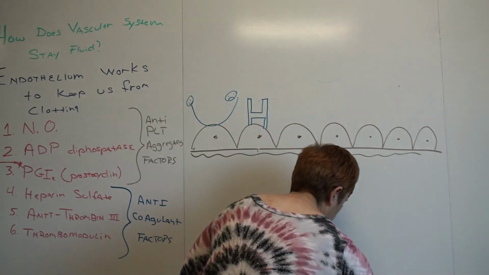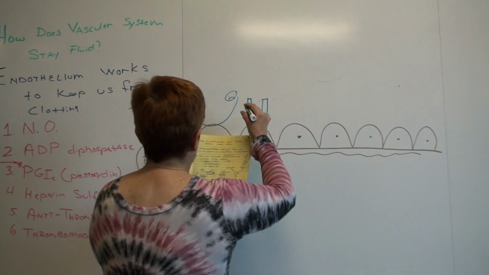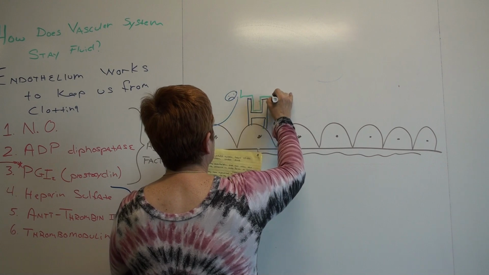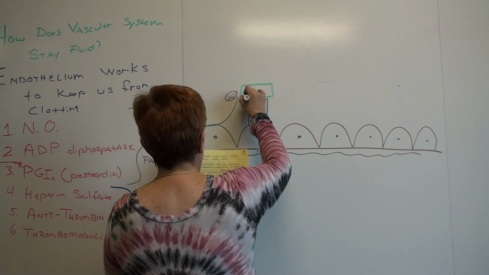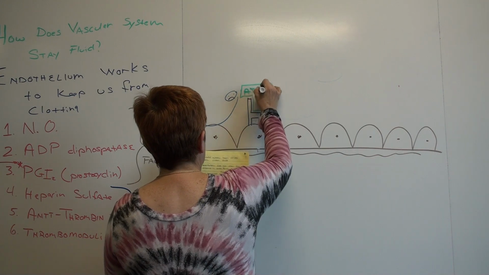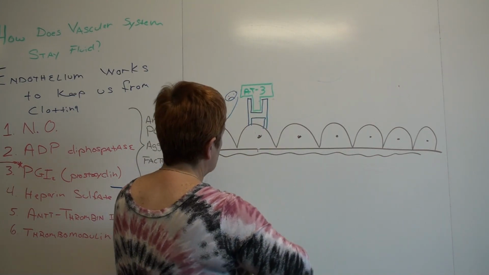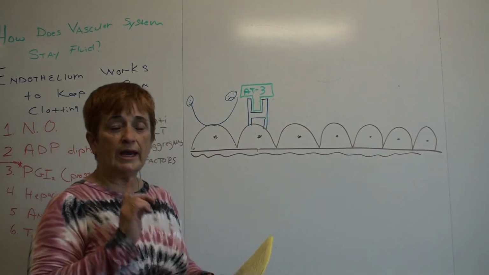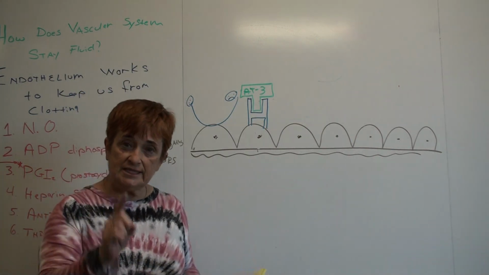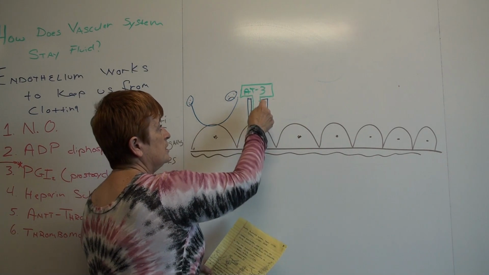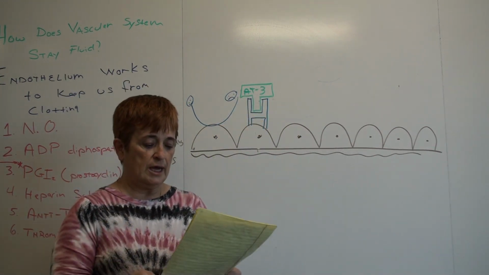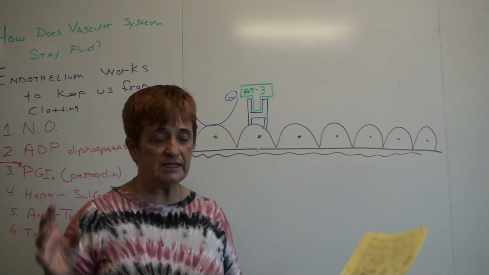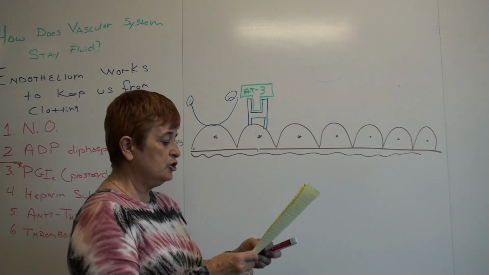So I'm going to take another color and put it right in here, and I'm going to call that AT3 for antithrombin 3. All right, so what? When antithrombin 3 comes in and sticks to the heparin, it becomes active. Woohoo! So now my antithrombin 3 is active and it's saying, all right, I'm going to get ready to do some work.